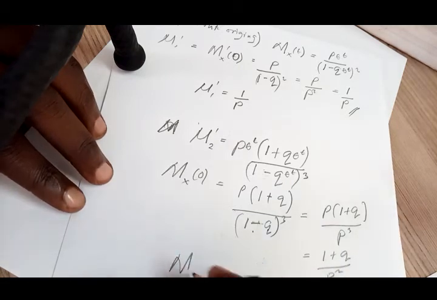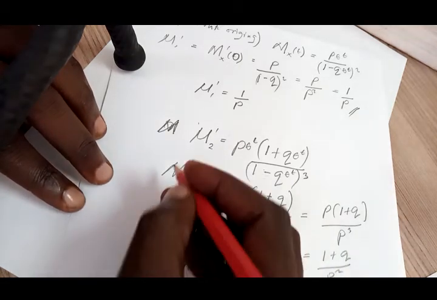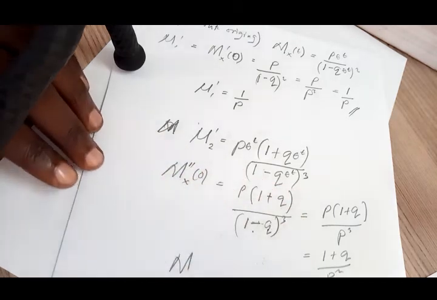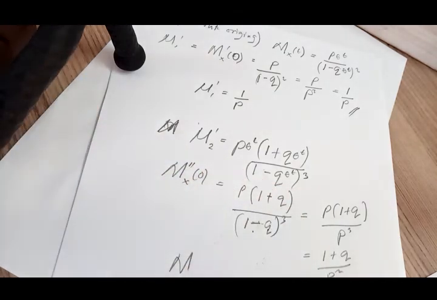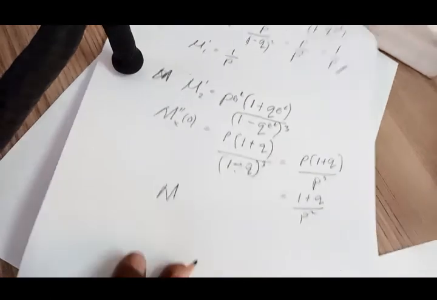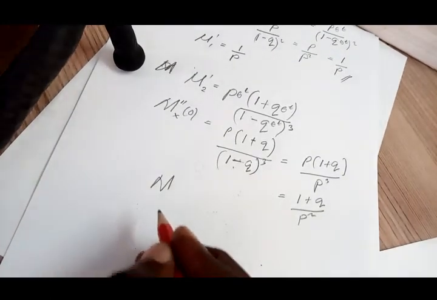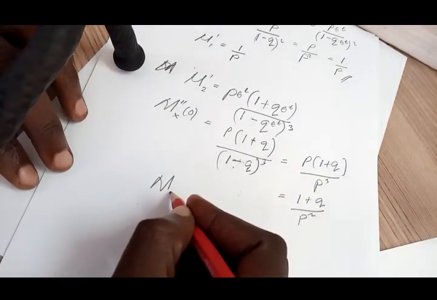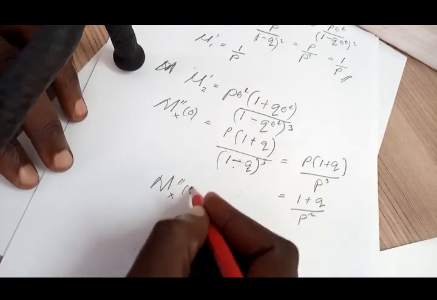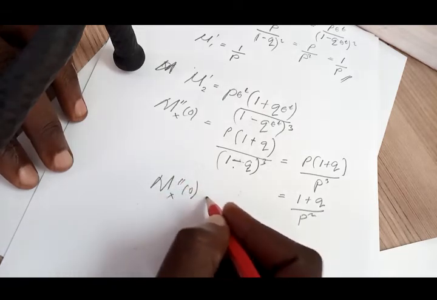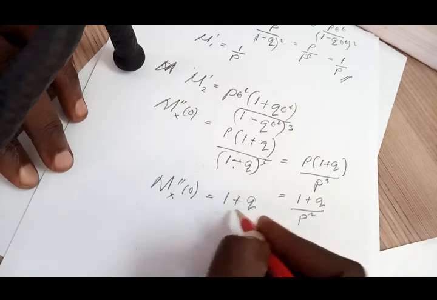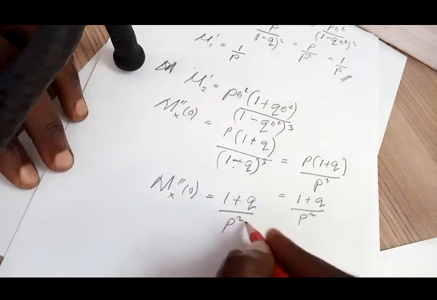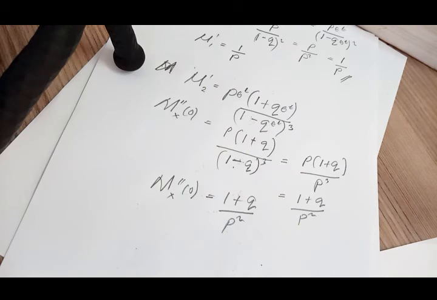That is the moment which we are looking for, the second moment. Sorry, I forgot to indicate that. So in short, this is the value for the second moment at the origin: 1 plus Q over P squared. That's what we need to look at.